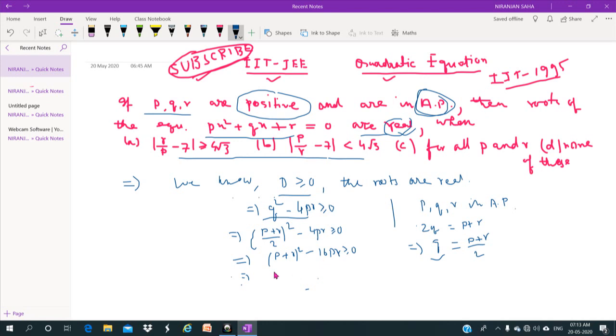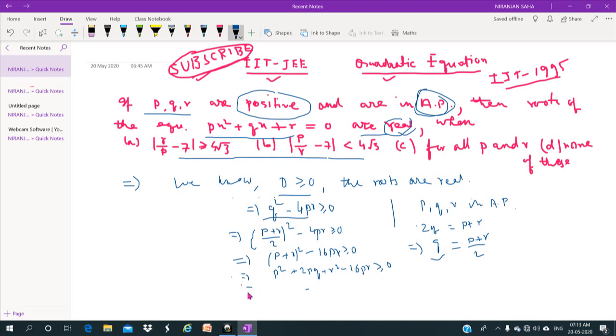This will be further breakdown p square plus 2pr plus r square minus 16 pr, which will be greater than equal to 0.